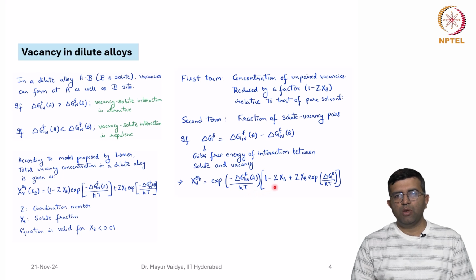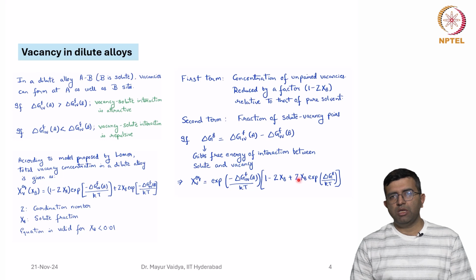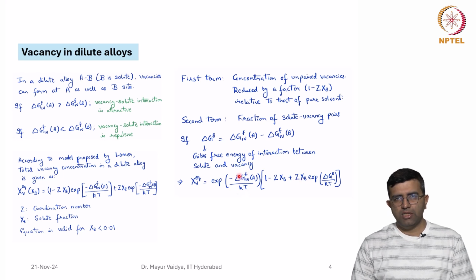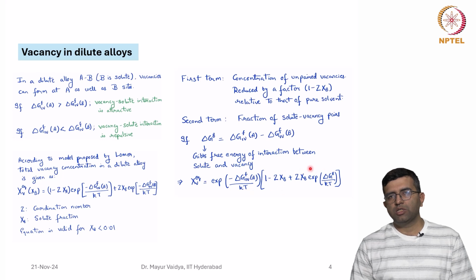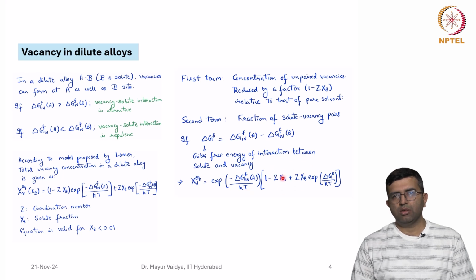In the bracket, we then have 1 minus Z xB plus Z xB into exponential of delta GB by KT. So you can understand here again, if xB is 0, then this reduces to the vacancy concentration in the pure solvent, and if delta GB is high, then it leads to the enhancement here.